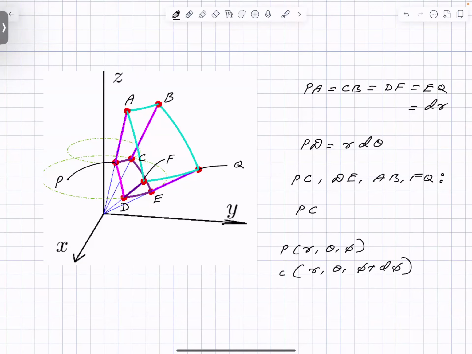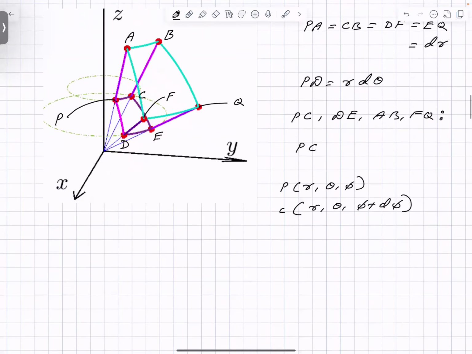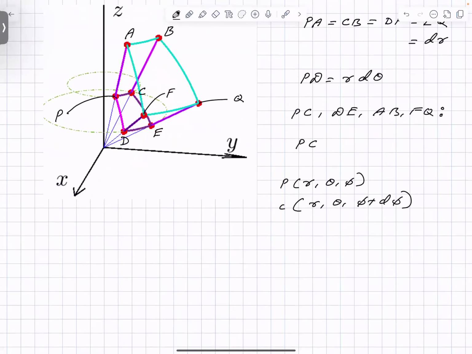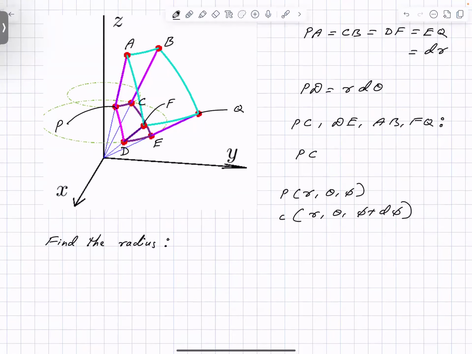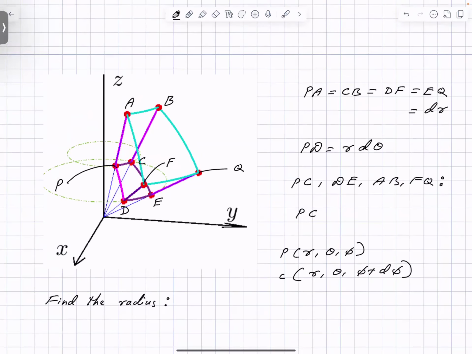So can you find the length of the arc PC? To find the length of the arc PC, we need to know the subtended angle as well as the radius. What is the radius? Find the radius. So the answer has to be in terms of r, theta, and phi, right? So I'll write down the options later once you think about it for a few minutes. So that's the first classwork problem.